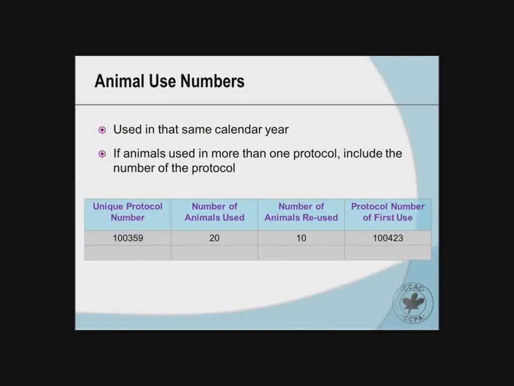If the protocol reuses some animals that have been used in the same calendar year, please indicate the number of animals that have been reused in addition to those that have been used. So in this protocol you can see that 20 animals were used, but there was also a number, 10 animals that were reused from another protocol. And we ask that you record the protocol number of the first use in that calendar year.